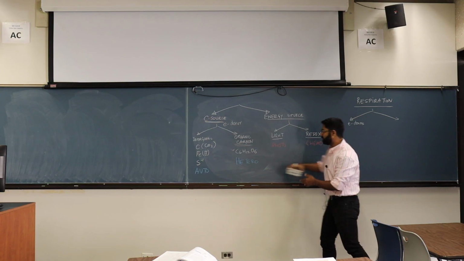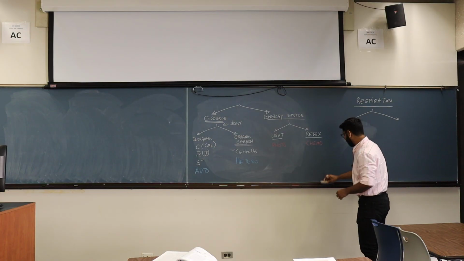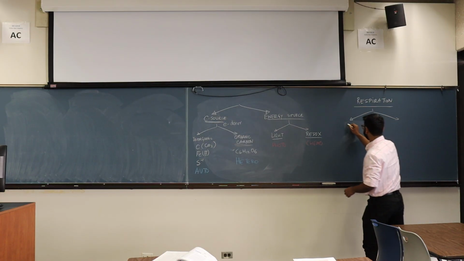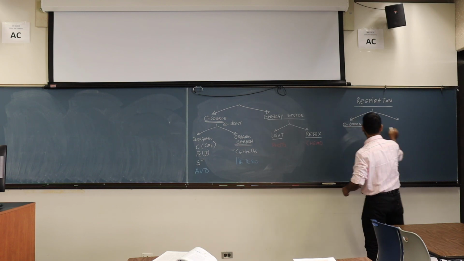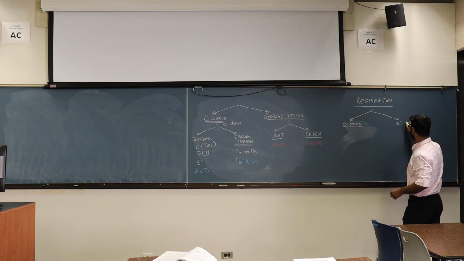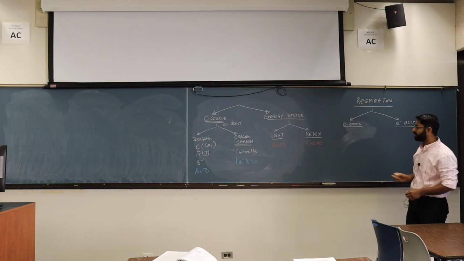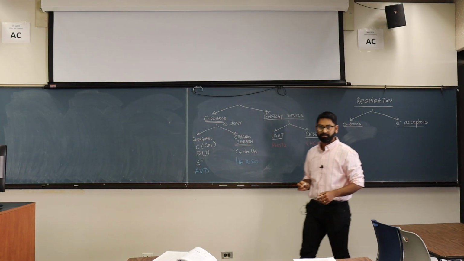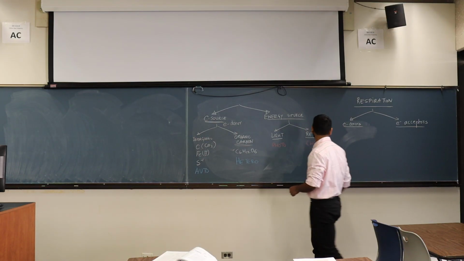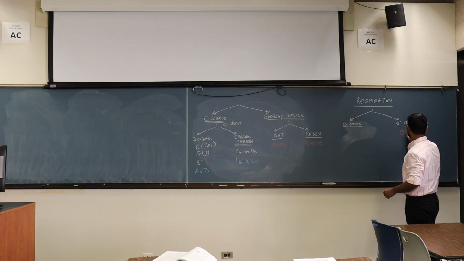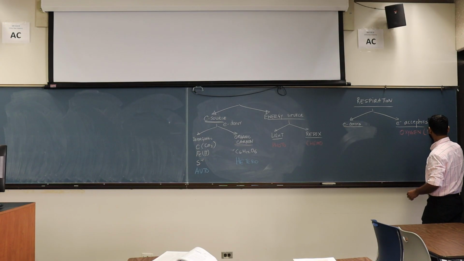Here we could have different electron donors and different electron acceptors. What is the most common electron acceptor? Most common electron acceptor, O2. This is the most common electron acceptor.